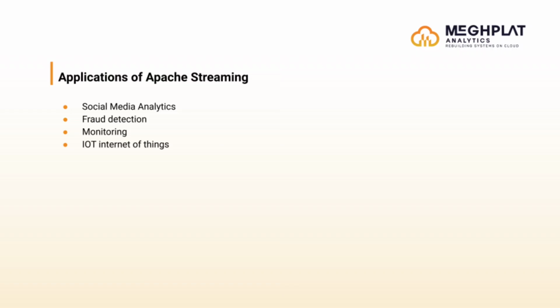For fraud detection also, Apache Spark Streaming has been used for analyzing transaction data streams. It is used for identifying patterns and anomalies that may indicate fraudulent behavior, right? It can also be used for monitoring, log analysis, IoT, etc.